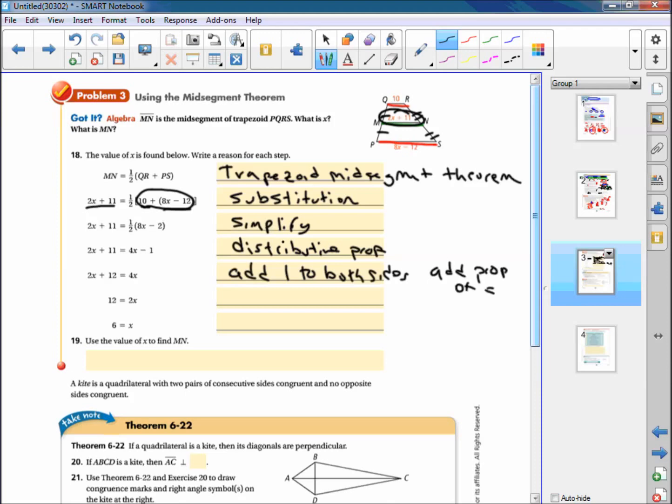Okay, and then we're going to subtract 2x from both sides. And once again, that's the addition property of equality. And then we're going to divide by 2 on both sides. And that's our division property of equality.